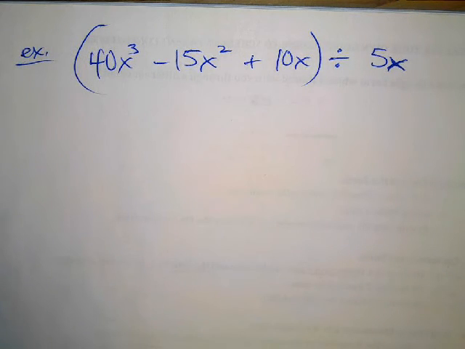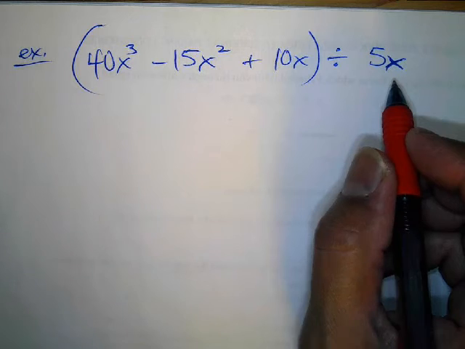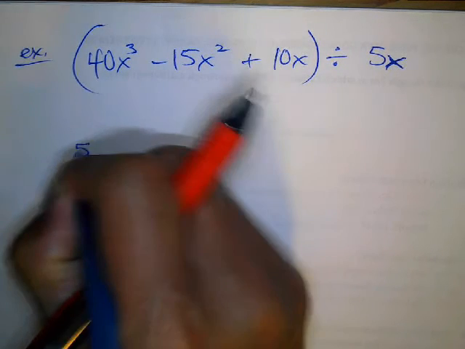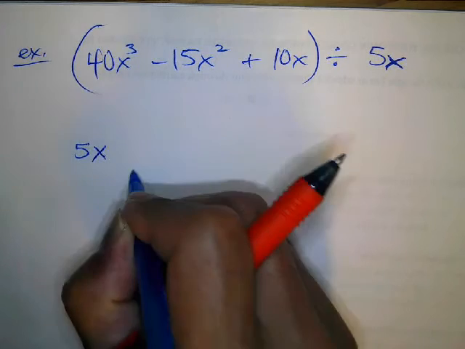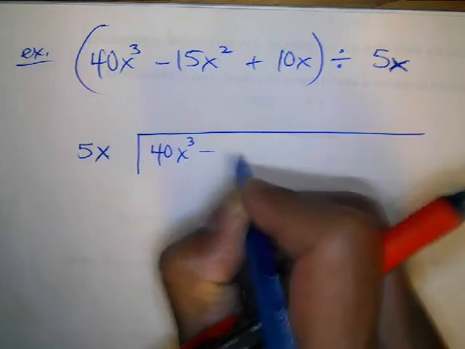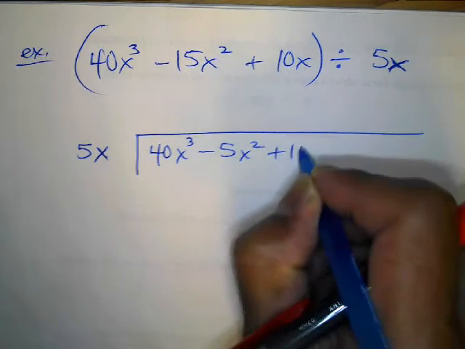Now again, we know that if it's a monomial, we wouldn't do it this way. I'm just going over the long division process here. So this would be what? Set up this long division way.